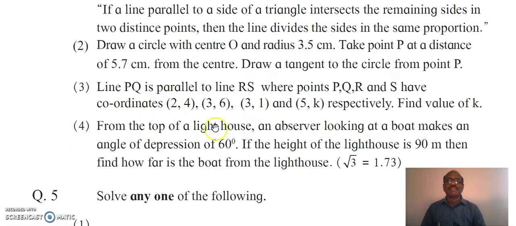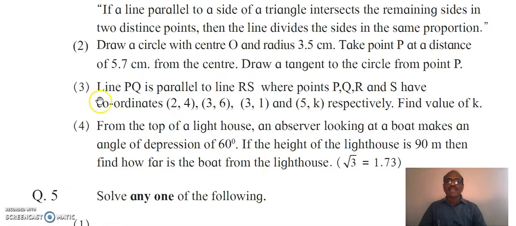And from the center, we take the point P at a distance of 5.7 and draw the perpendicular to OP, and take the perpendicular segment, whatever that point, using that point you take as a center and draw the circle. Then this is a very simple question from the construction. I will show you how to draw this tangent at the end of this video.